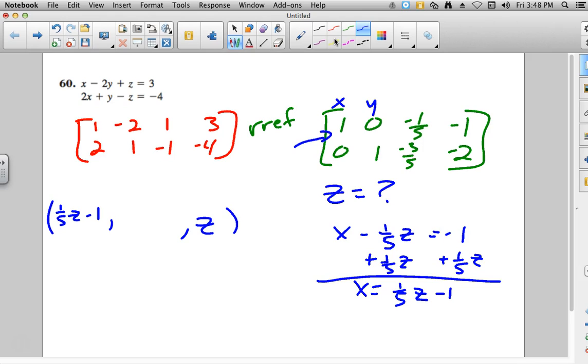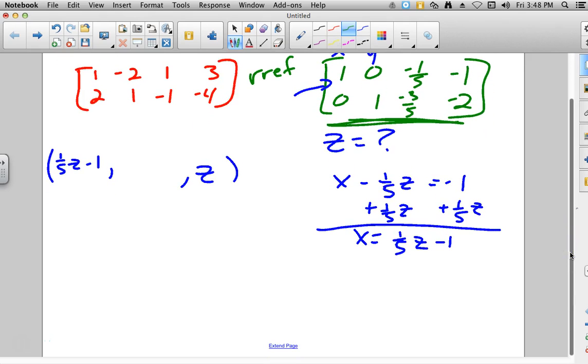And then we're going to do the same thing with our Y down here. So that will give me Y minus 3/5 Z equals negative 2. Again, I want to get things in terms of Z, so I'm going to go ahead and add 3/5 Z to both sides.